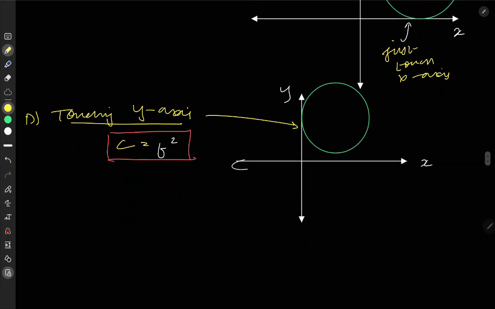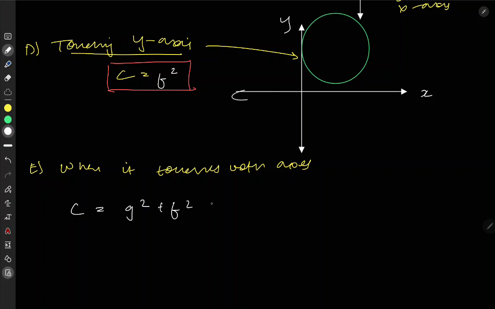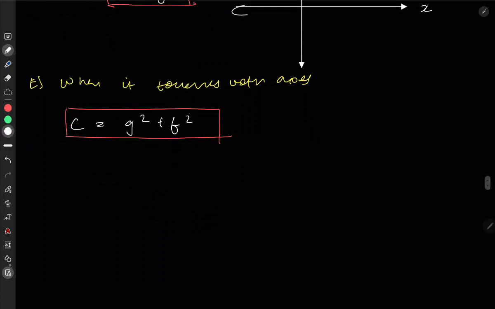So now let us discuss another condition when it touches both axes. In such case, the c would be equal to g square plus f square. Yes. This too we shall remember. And now I shall show you this graph too. It is quite easy and you might have even visualized it.